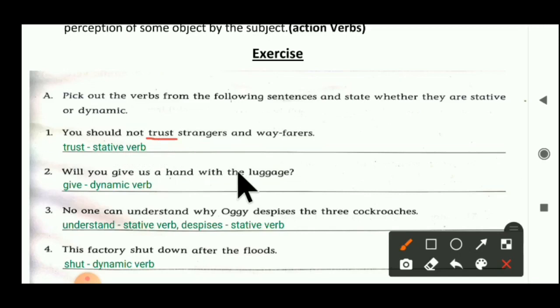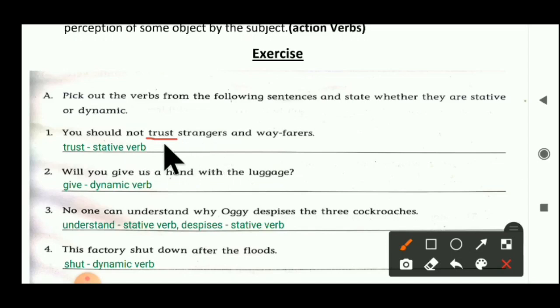Does trust show action or not? I think trust is a stative verb. Stative verb means it shows the relation between the stranger and you. So it shows the relation.